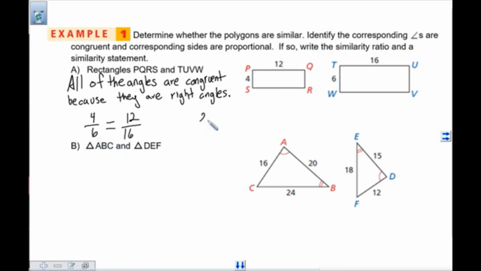It reduces to 2/3. And what does 12 over 16 reduce to? 3/4. Okay, so are these equal? No, they're not equal. And because they're not equal, that means that these polygons are not similar.